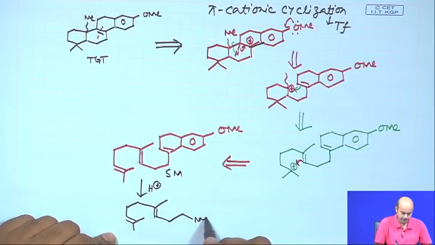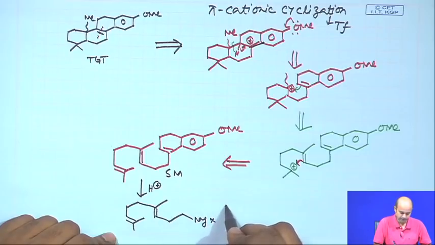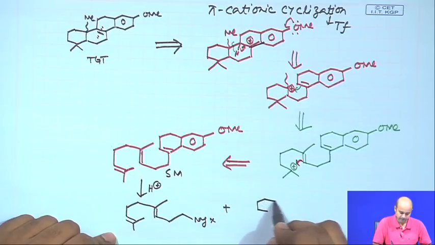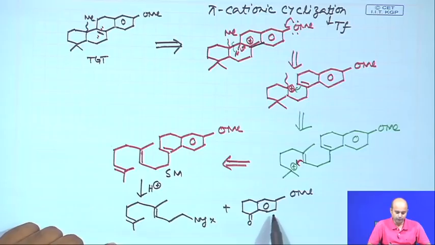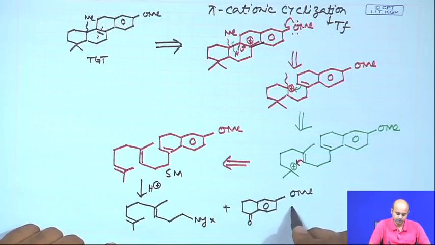You put a MgX kind of thing and then, if you have this particular carbonyl compound, which is basically 1, 2, 3, 4, 5, 6, 6-methoxy-1-tetralone, 6-methoxy-1-tetralone.